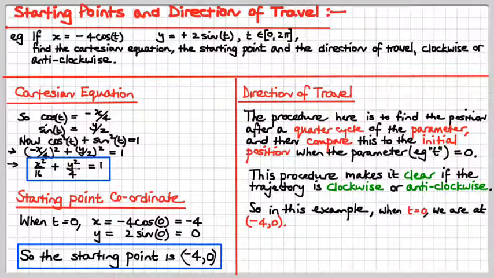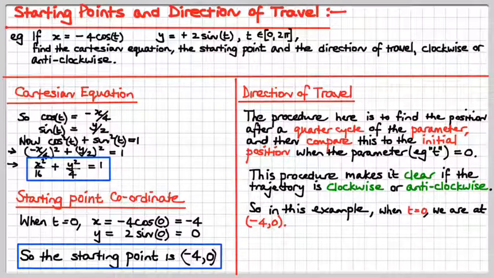So in this example, when t was 0, we got this point here, minus 4 and 0, didn't we? So now, if we look up here, we know that the period of sine t and cos t, with t inside the brackets here, cos t, sine t. Now, what is the period of that function?